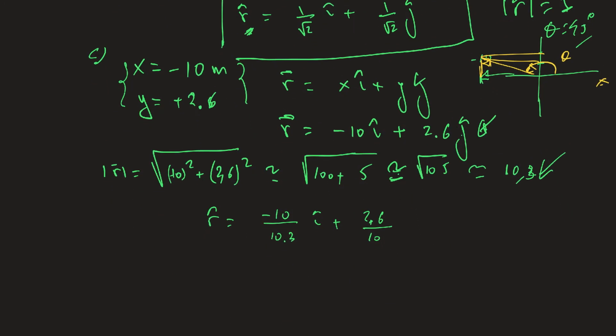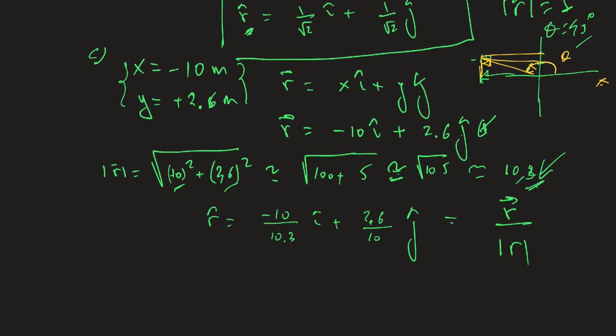So again, you have to make the same calculation. You make the vector r divided by the magnitude of r. If the magnitude of r is 10.3, okay, this is meters, yes, it should be around 10, the square root of something. Okay, you make this calculation.